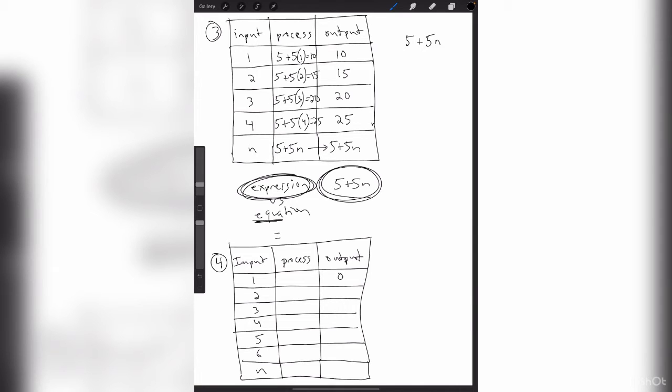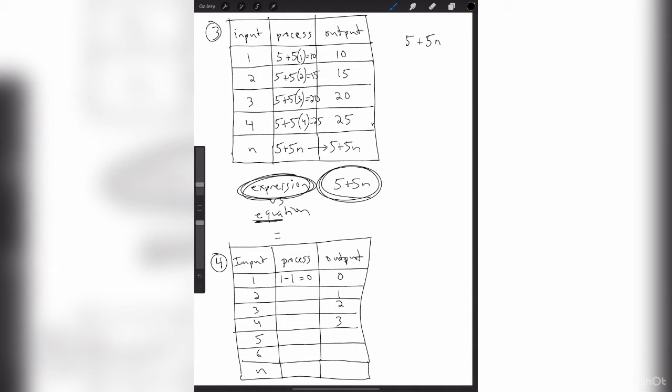All right, so it's giving me my input. My output here is 0. I have 1, I have 2, and I have 3. And I'm just writing what the problem shows me, so if you're wondering where I get these numbers from. All right, so how do I get from 1 to 0? What do I do? Well, in order to get to 0, I have to subtract 1. So 1 minus 1 is equal to 0.